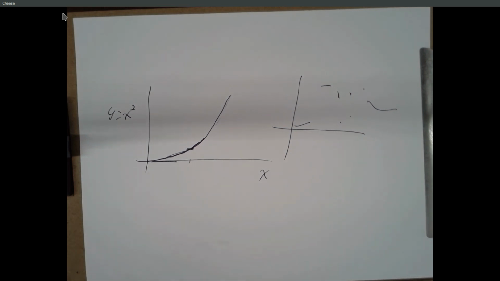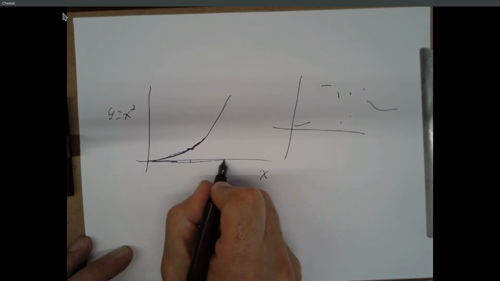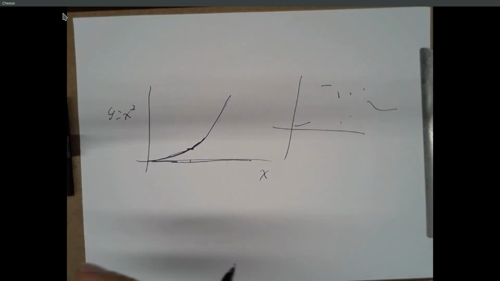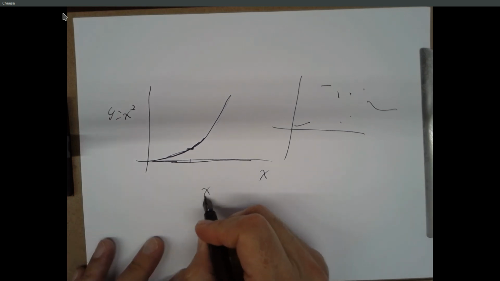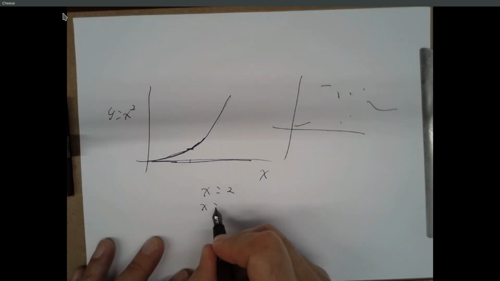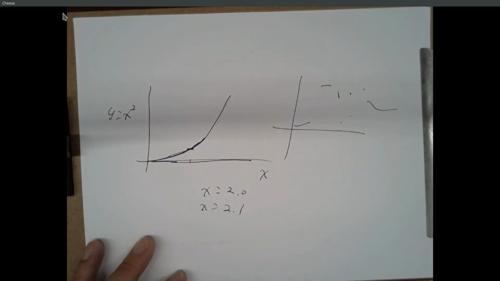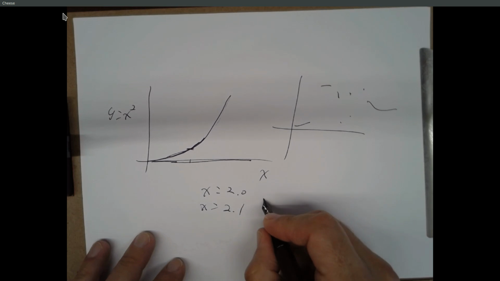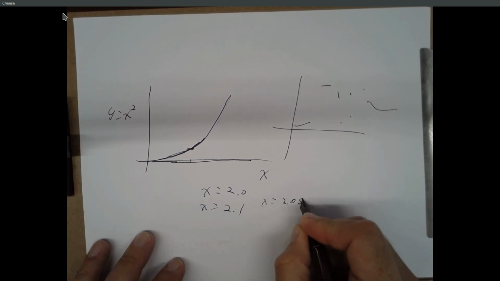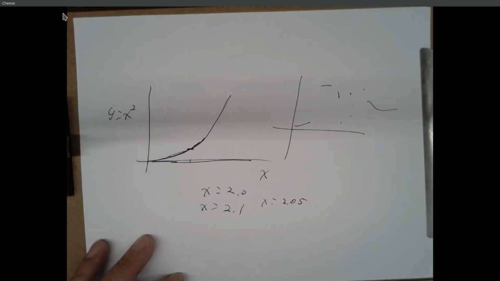And it's continuous partially because there's a whole bunch of values that x can take on. For example, it could take on the value 2. It could take on the value 2.1. It could also take on a value in between those, like 2.05.